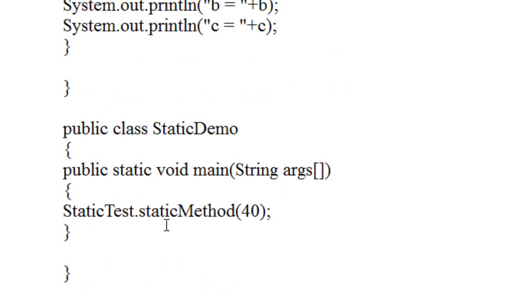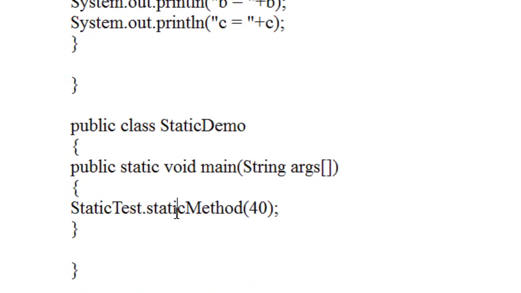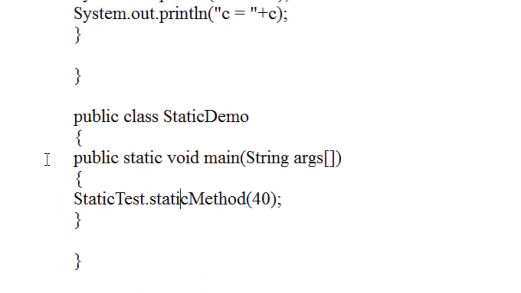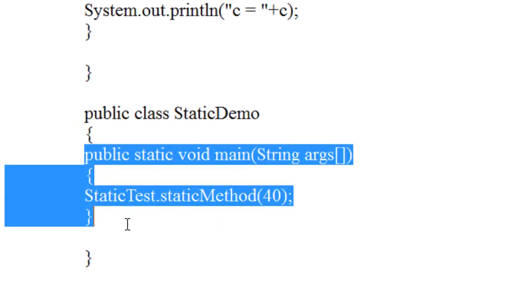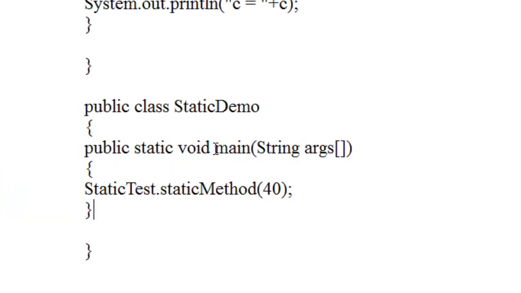I invoke that method by using just the name of that class. This is why we use the main method as static. The compiler needs no object to invoke this main method. So it is possible for the compiler to invoke the main method by just using the name of that class.